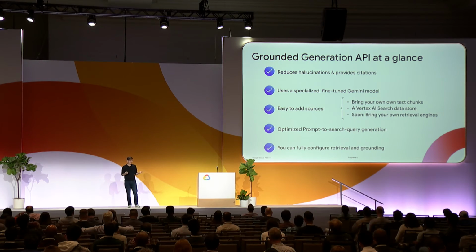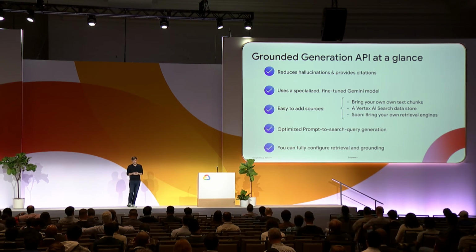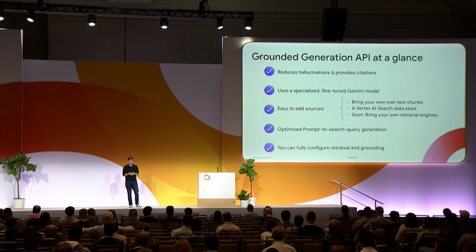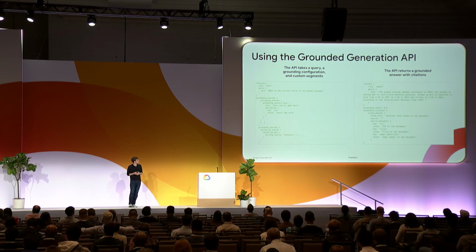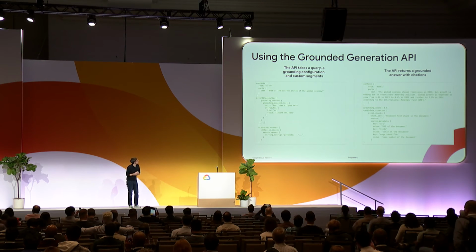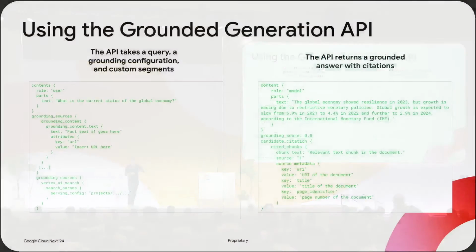As part of the grounded generation API, we've also worked very hard to make the prompt to search query generation work very easily and be very optimized and improved specifically for the grounding use case. So let's look at a very specific example. I hope you can read it from afar. On the left, we can see the API request. You're specifying the question.